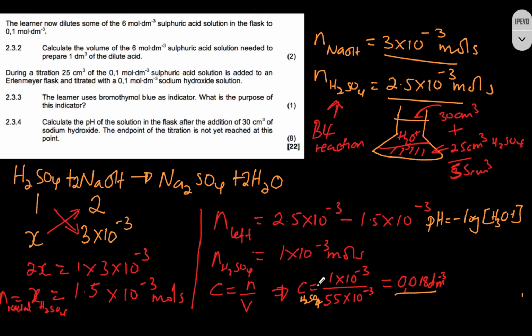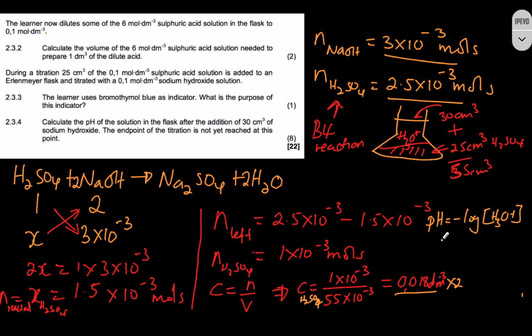Sulfuric acid is a diprotic acid, so it produces 2 protons per molecule. Hence, our concentration is going to be double, in other words, times 2. So we substitute a value that is times 2, because the concentration of the oxonium ions will be double for each molecule of sulfuric acid.